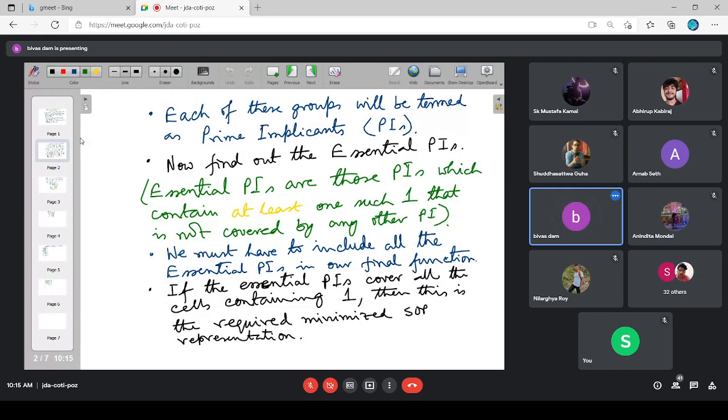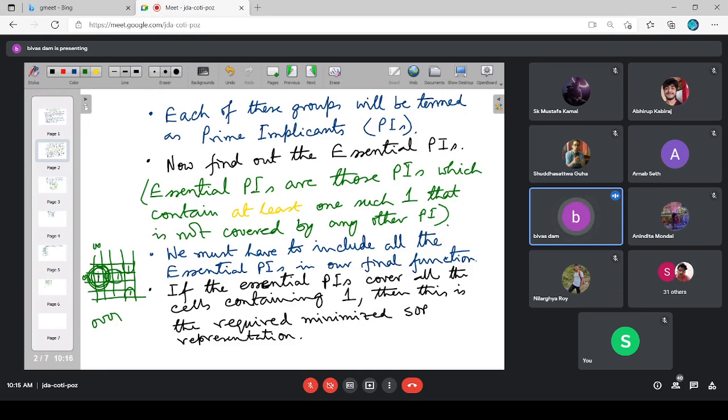I'll give you one example. Say, if I consider these to be the two implicants, PIs, and if I do not cover this one, in that case, when the input becomes 0, 0, 0, 1, the function will not produce logic 1 output.